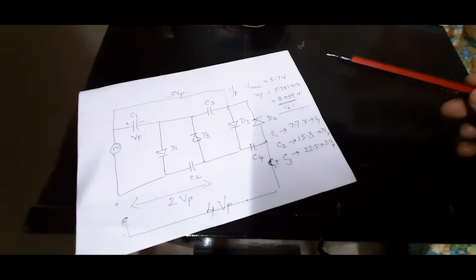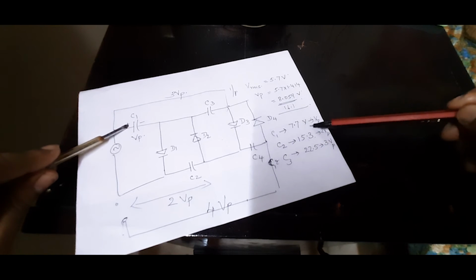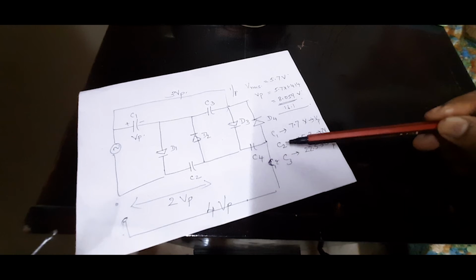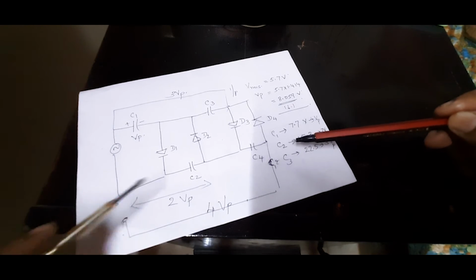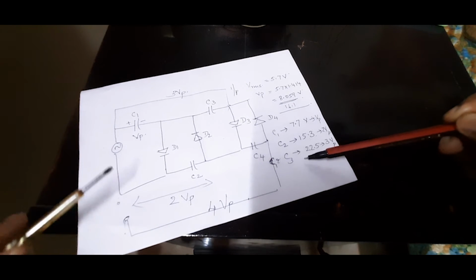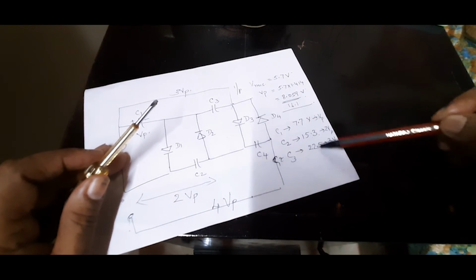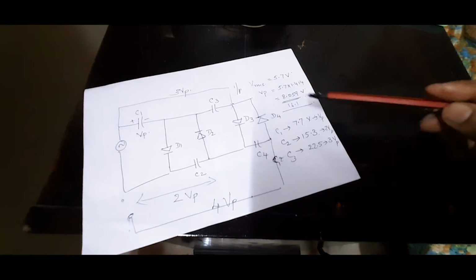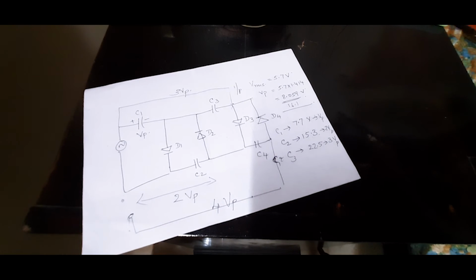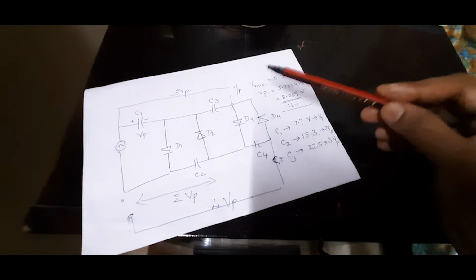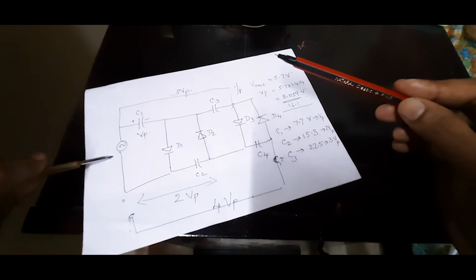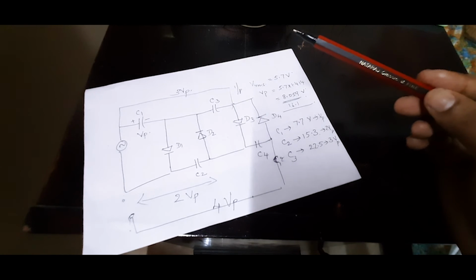Then experimentally we measured VP across C1, 2 VP across C2 and 3 VP across C1 and C3, and this was our measurement. So this is almost in agreement with the expected theory. Remember, VRMS at the input should be measured putting the multimeter in the AC mode.